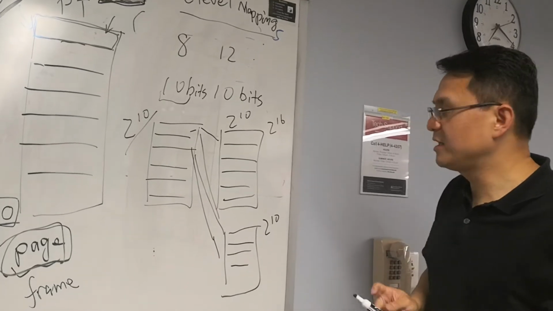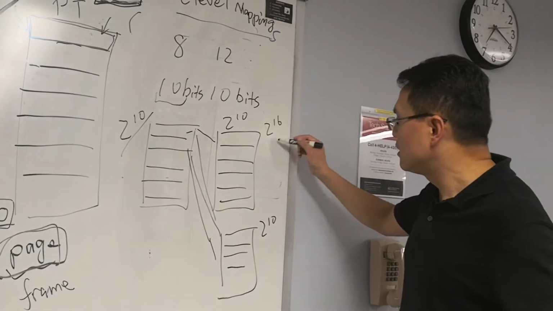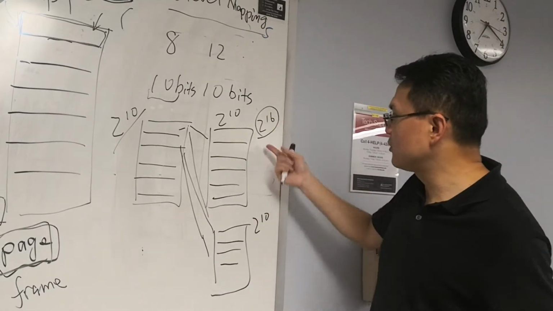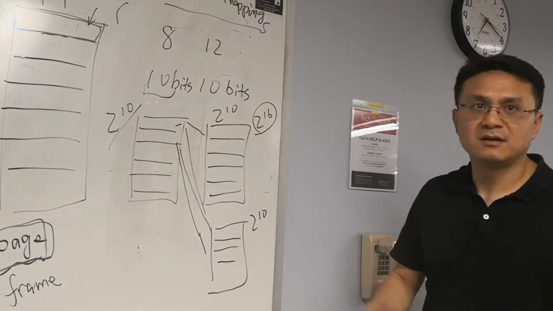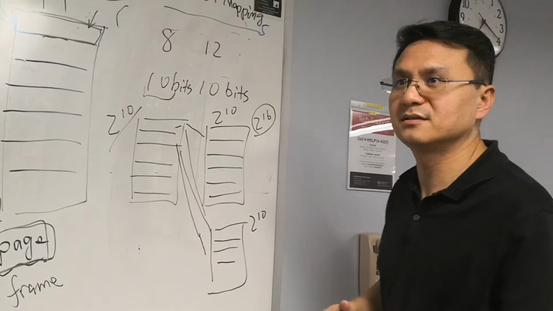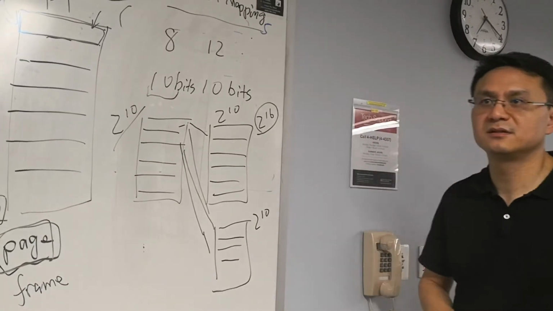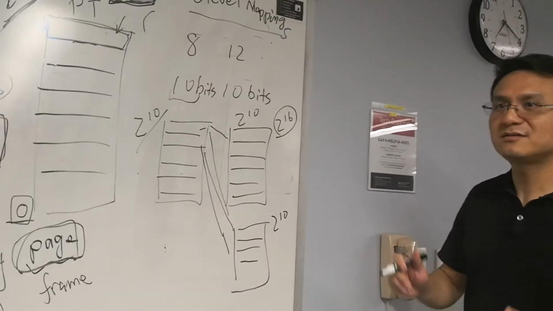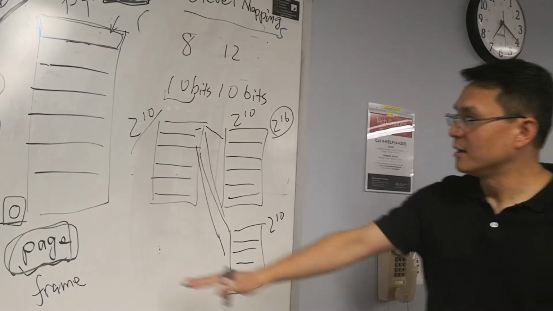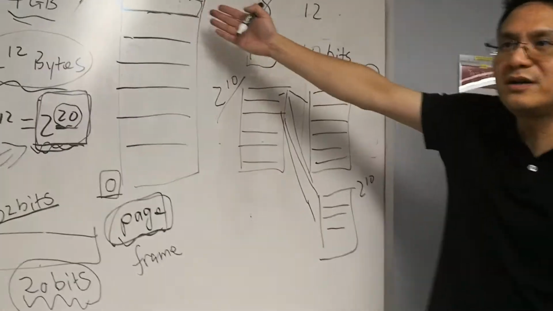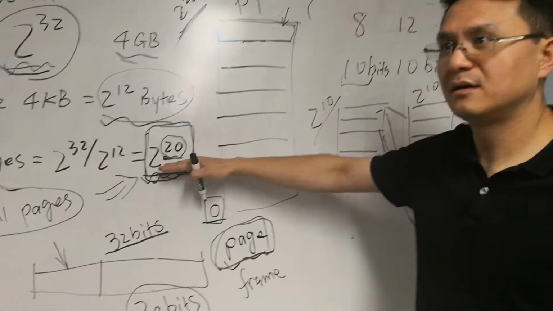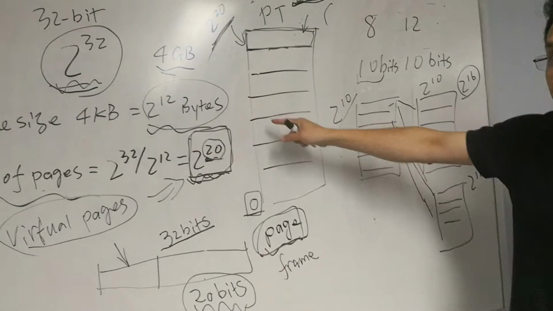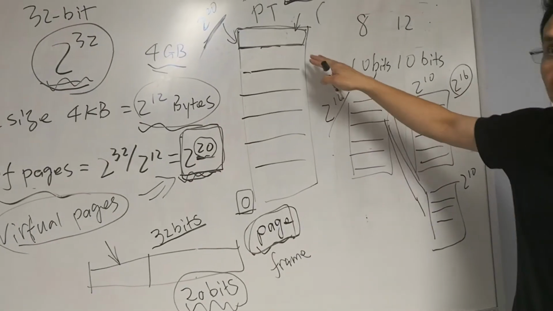The key here for multi-level is that maybe on the second level you only need 1 page as good enough for your process. You don't have to create all other pages. That's the flexibility. But for one level, you only get 1 choice. You have to have this many, because you have to differentiate between each page number.